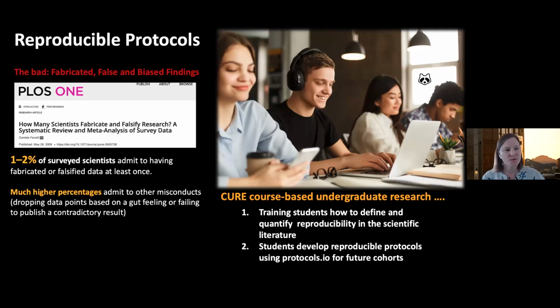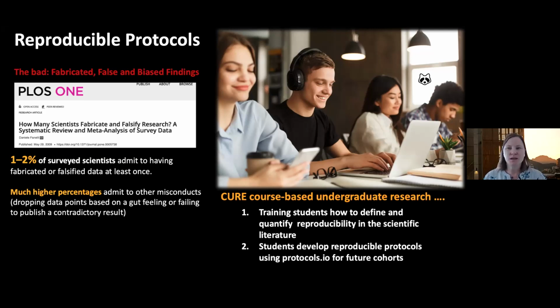And so there was a recent article in PLOS ONE that really looked at this issue and noted that about 1 to 2% of scientists that are surveyed actually admitted to falsifying data, and then even more scientists admitted to misconduct, such as dropping data points that didn't really match the kind of criteria that they were expecting.